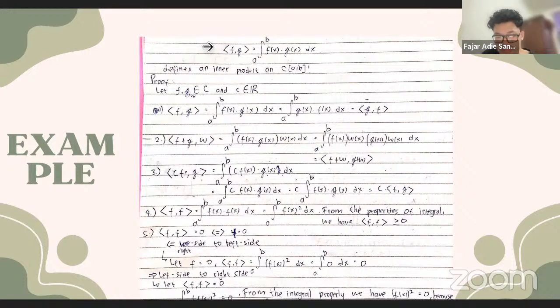So we get c inner product fg. Karena nomor 3 sudah memenuhi, sehingga kita akan lanjut untuk pembuktian nomor keempat.